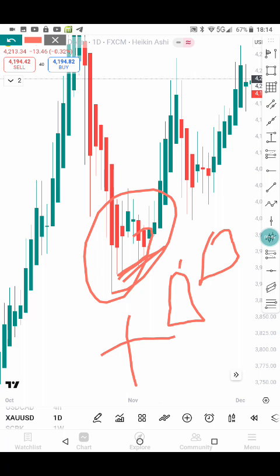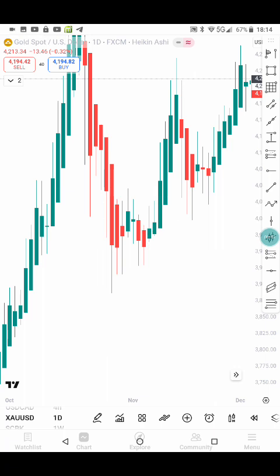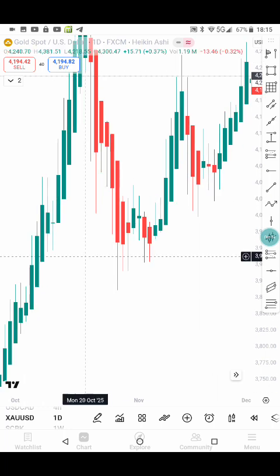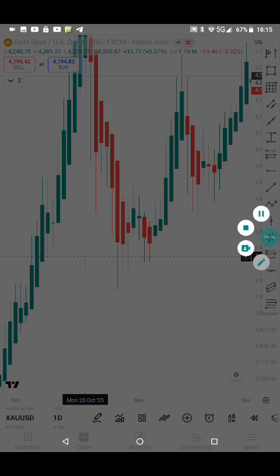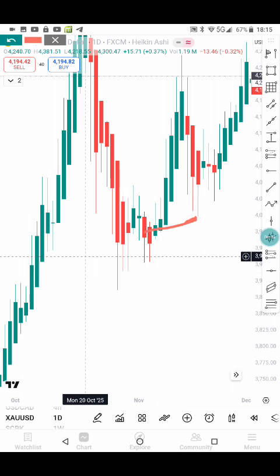If we are bullish, I don't want to see wicks at the bottom. So this is what happened. We had these wicks forming at the bottom, and then we had this one. Where did the strong momentum kick in? It kicked in here. We had 1, 2, and then this is my entry candle.